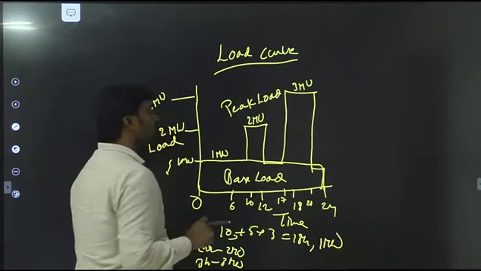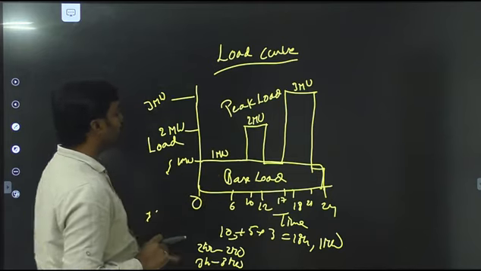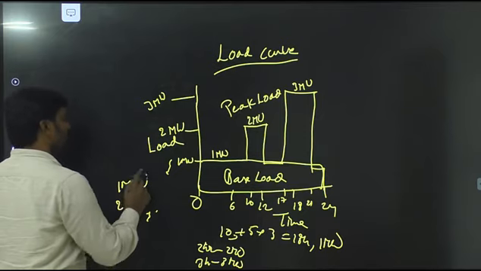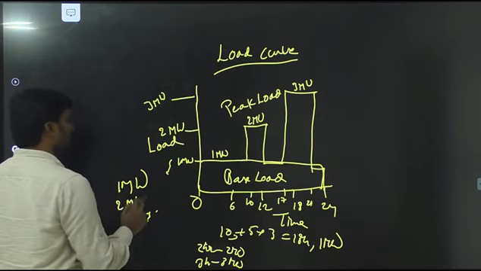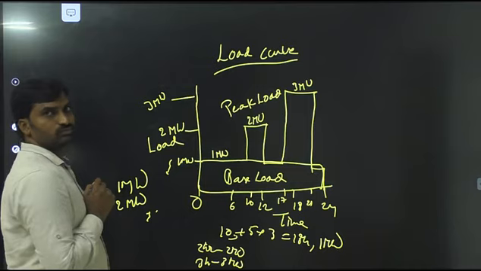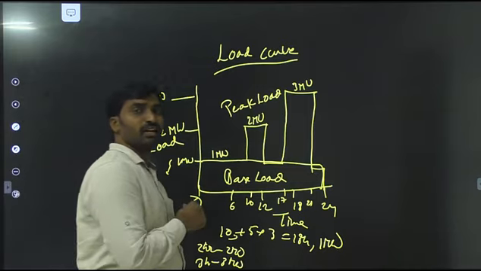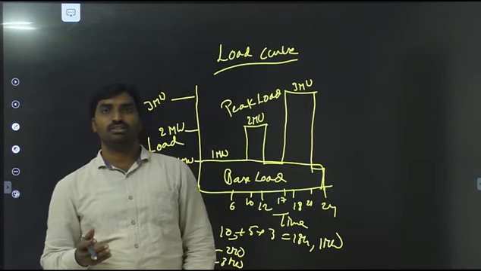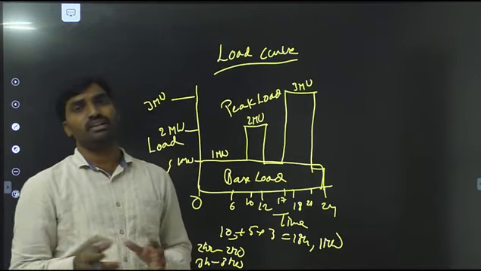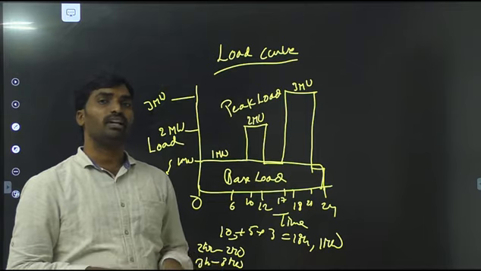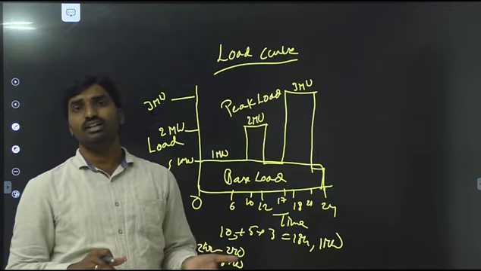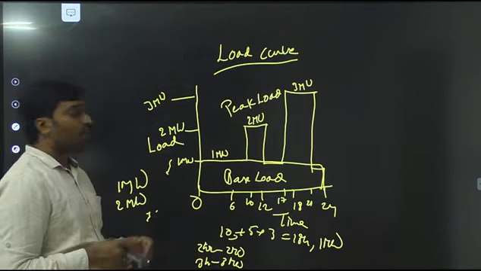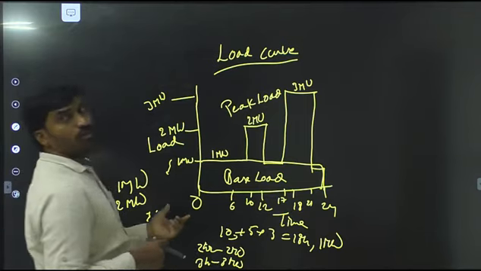So you need to establish a base load with 1 megawatt capacity and a peak load with 2 megawatt capacity. The base load operates continuously, but the peak load is operated only when you require additional power.